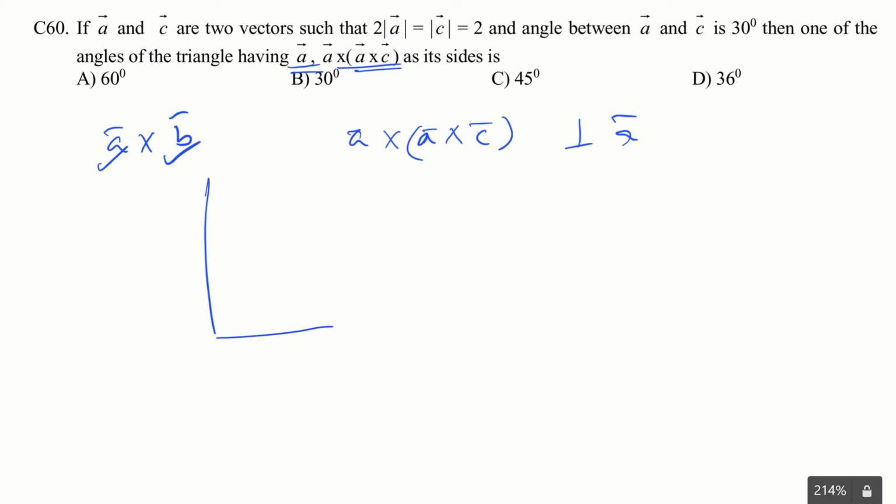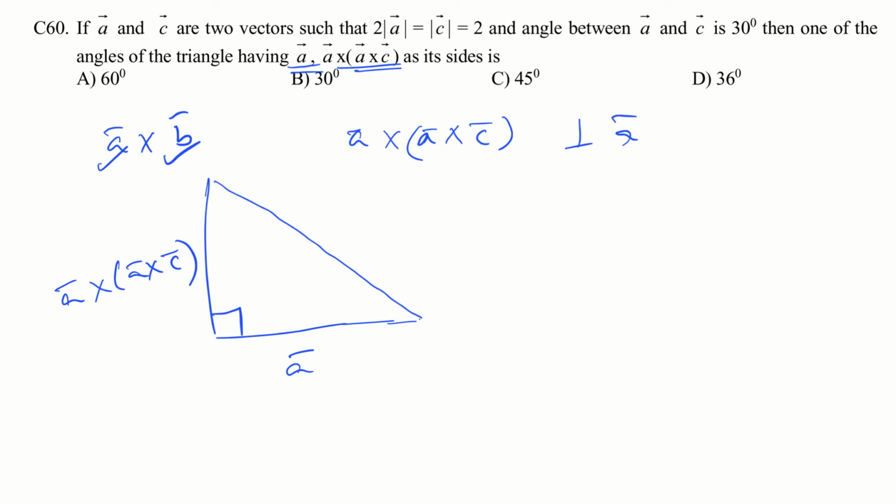That means it is like this: one is a bar, the other one is a bar cross c bar. So it is a right angle triangle. Now he is asking for one of the angles. Now 90 degrees is not there, so we go for any one of the other angles.